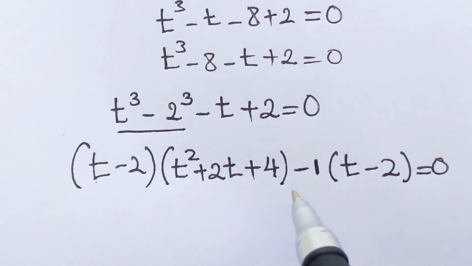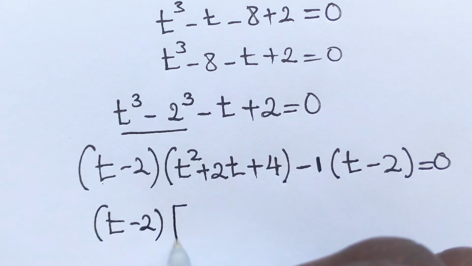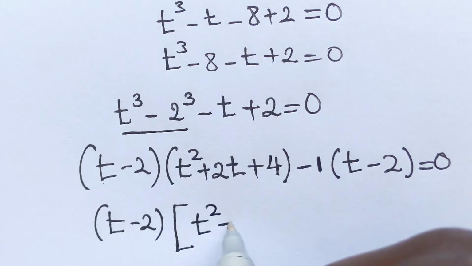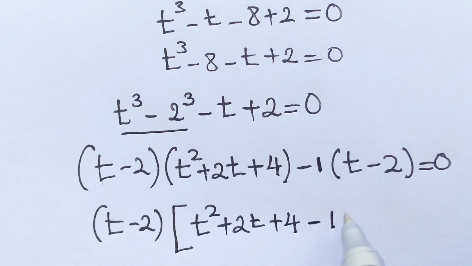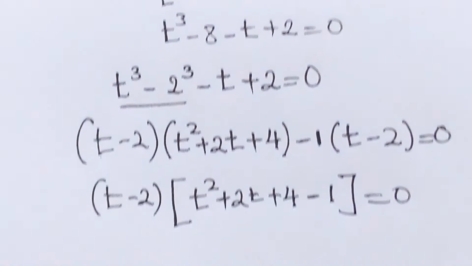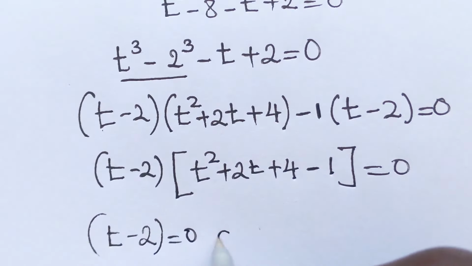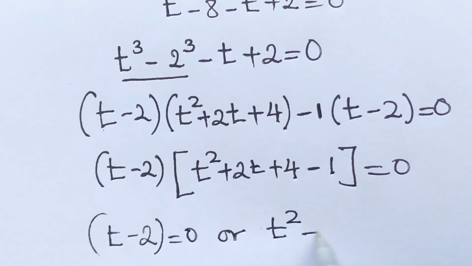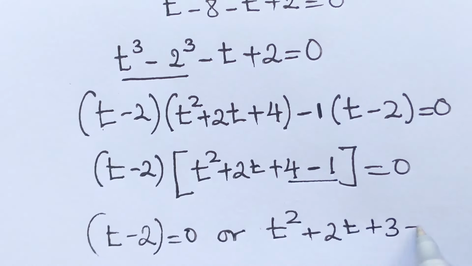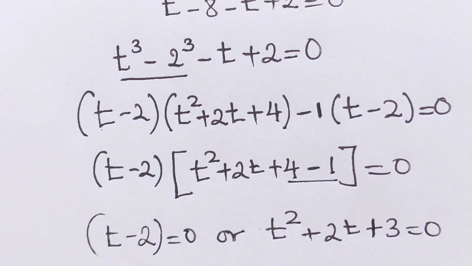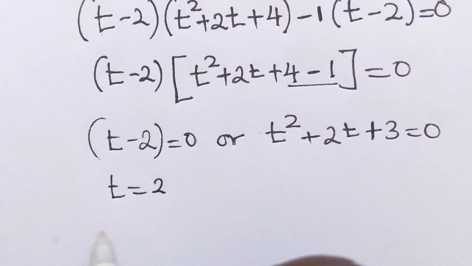Because we have t minus 2 common, we factorize t minus 2 to get open bracket t squared plus 2t plus 4 minus 1 close bracket, which is equal to 0. Then t minus 2 is 0, or t squared plus 2t plus 3 is 0.